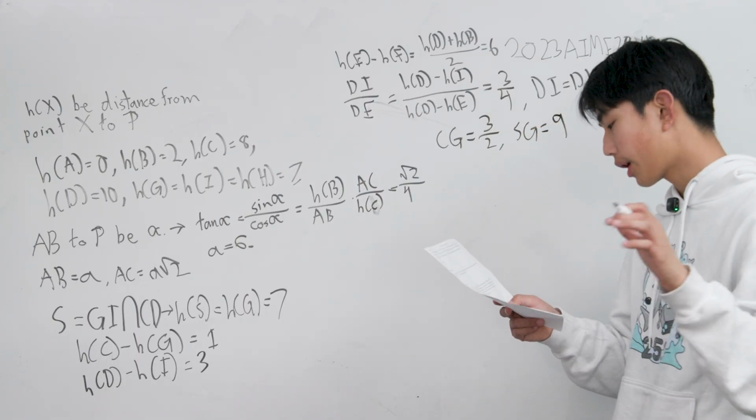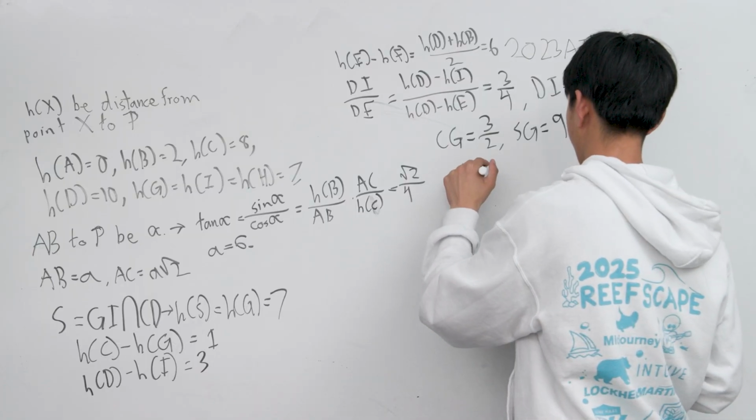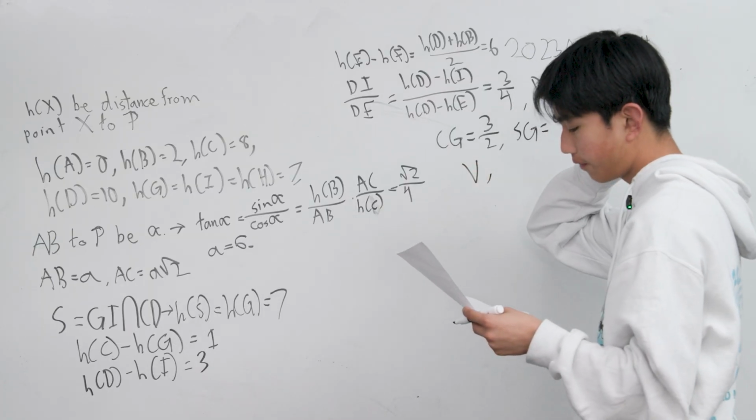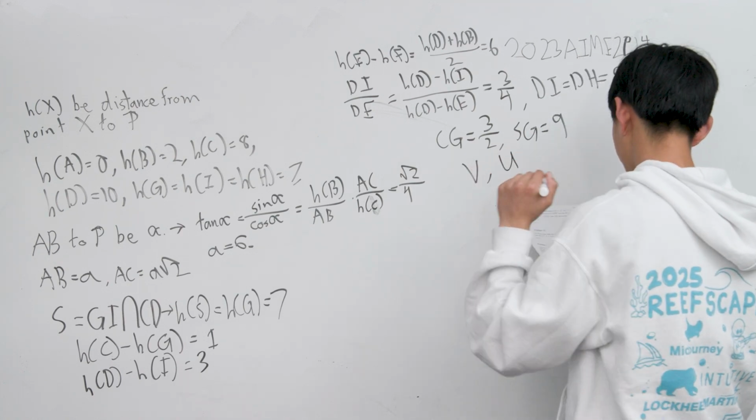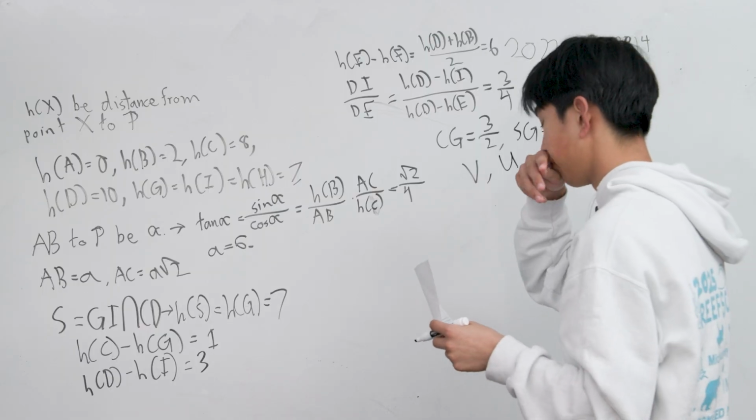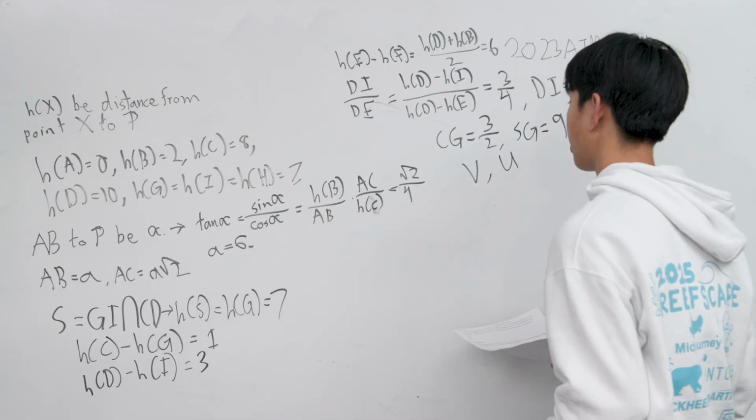Now, if we drain out all the water, let's call the volume without the water V, and then we have U for the other piece with the point S in it.